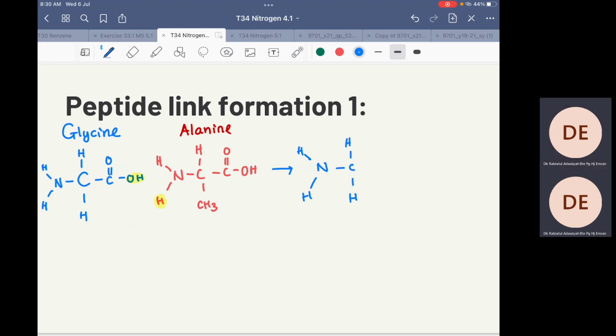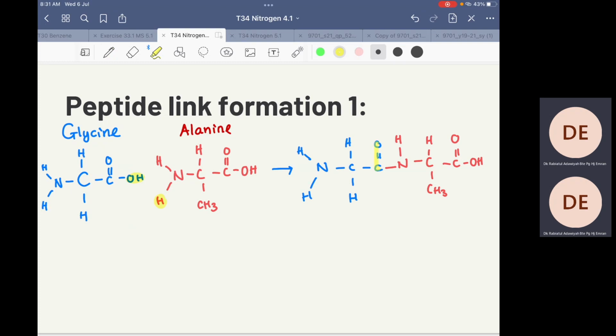CH, O. A new bond forms here with nitrogen, and my nitrogen has only 1 hydrogen left. CH, CH3, C double bond OH.